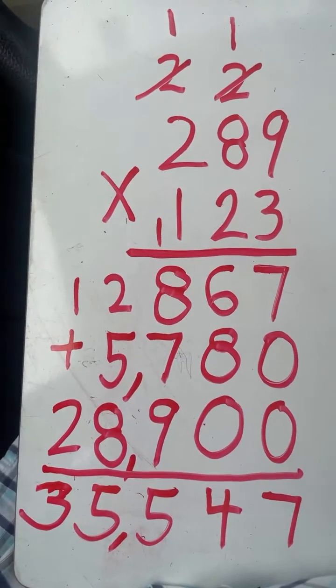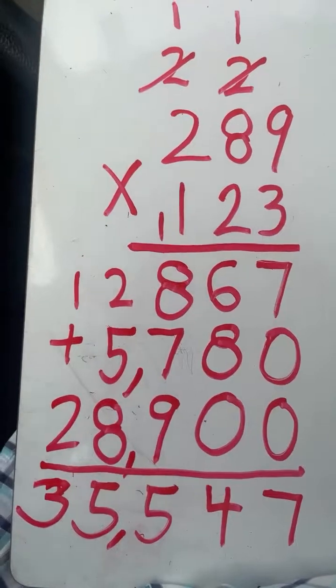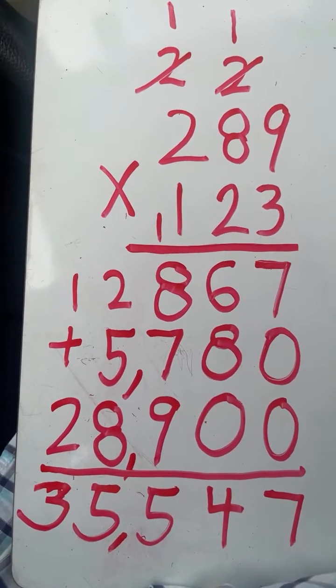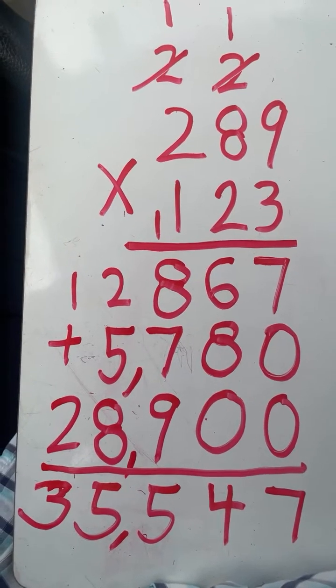And we have our final answer. 289 times 123 equals 35,547.